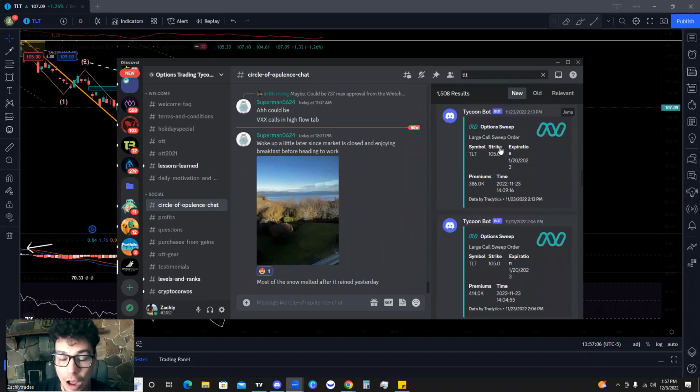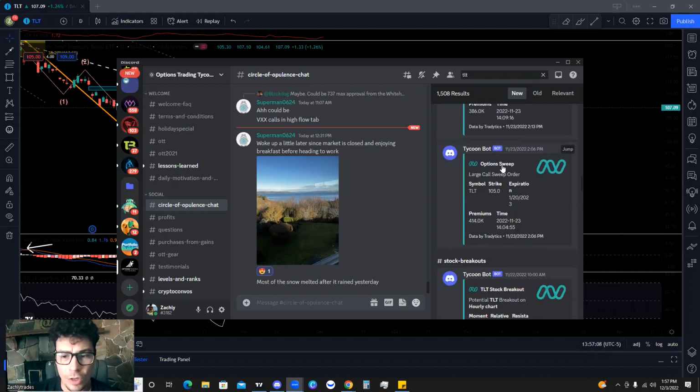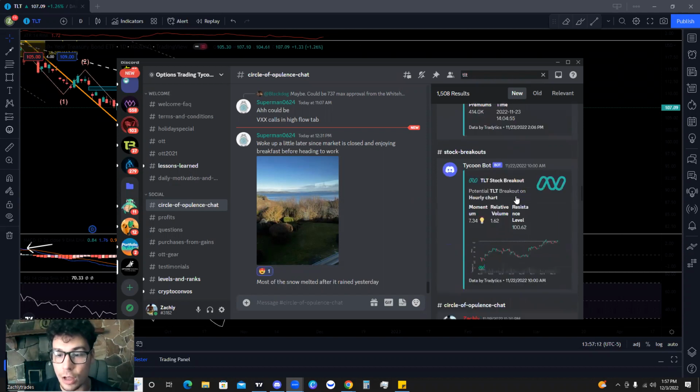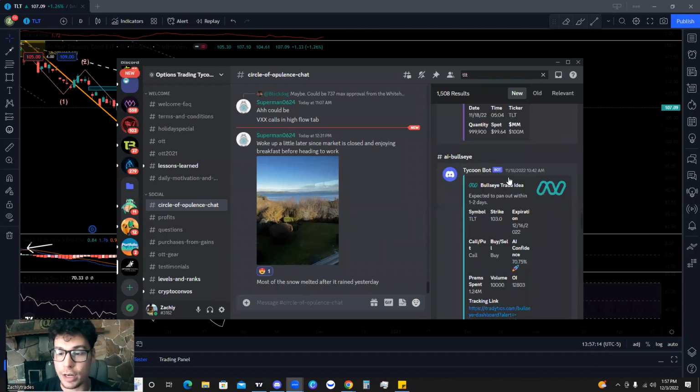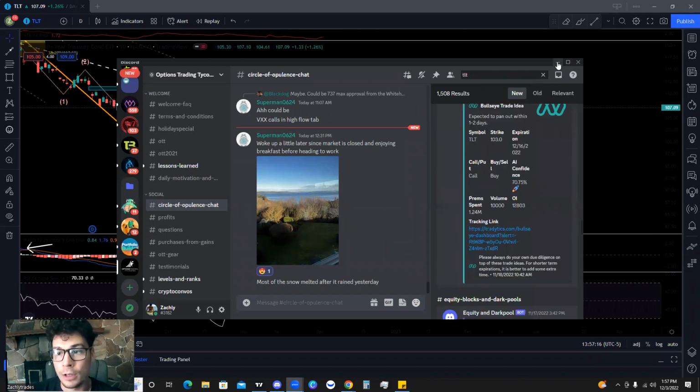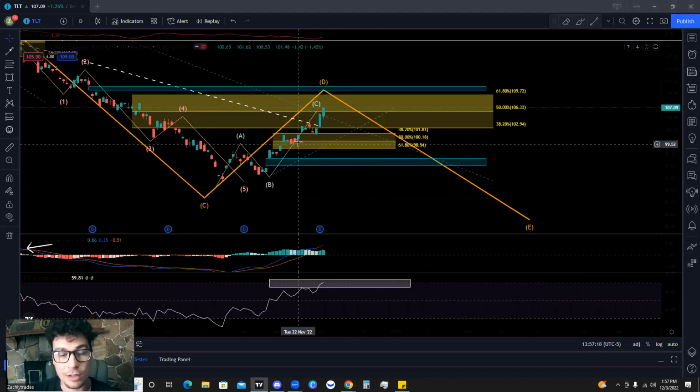We have more option sweep orders, big amounts. Okay, $386,000, $414,000 TLT breakouts right here. And that's been going on here recently, right? So we're seeing tons of bullish inflows. Once I start to see some inflows change and some more bearish inflows come in, through the various intel and data sources, then that could be a signal.